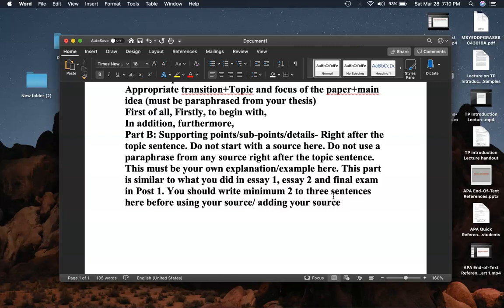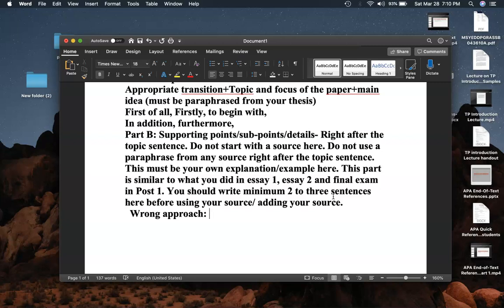This is very, very important. A lot of students use the wrong approach. What I'm going to type here can be used if it's a long paper, but our TP is very short. So you have to explain your own main idea first a little bit, then add the source, because you're not writing the paper based on sources. You're using sources to help develop your ideas only.